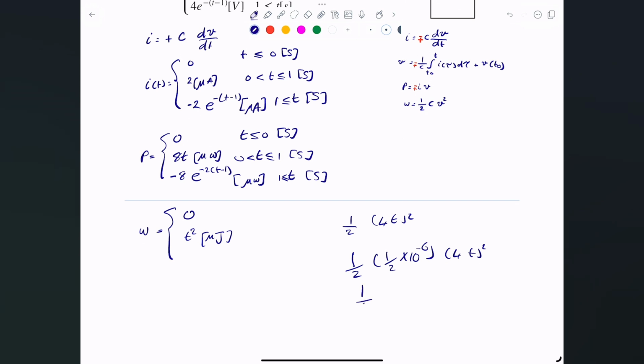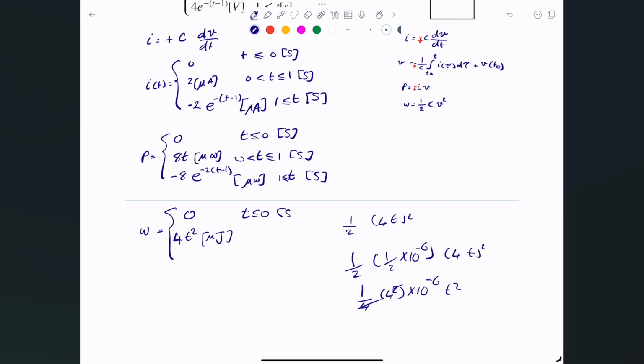So that tells me it's 1 divided by 4 times actually 4 squared. So that square will go with this square. So we'll have a 4 in here, and then times 10 to the negative 6 times t squared. Okay, so it's 4t squared. This is of course for t less than or equal to 0 seconds. And this is between 0 and 1 seconds.